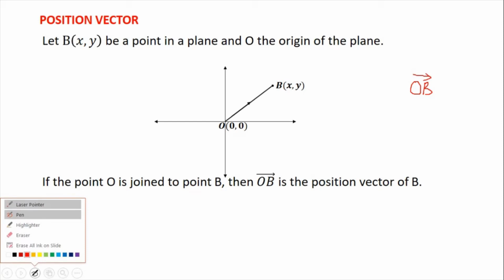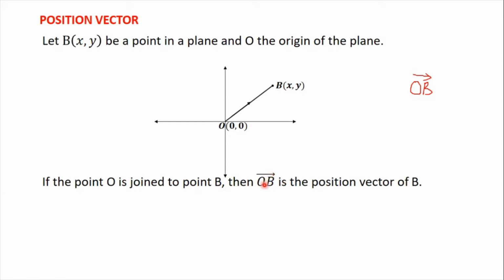Okay, so if point O is joined to point B, then this new vector that we've created, vector OB, is called the position vector of B. Because we are joining point O, which is the origin, to a point in the plane, point B, we call this new vector, vector OB, the position vector of B. It means that we are considering the position of B in reference to O, or we are taking the position of B from O. So here we are considering the position of B relative to point O. So we call the vector obtained by joining O to B the position vector of B.